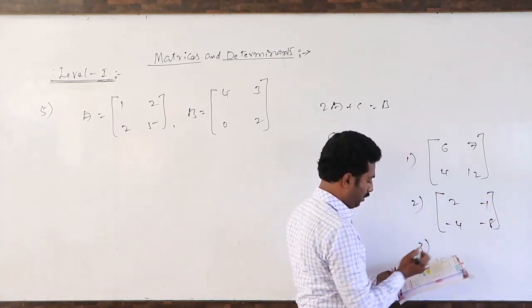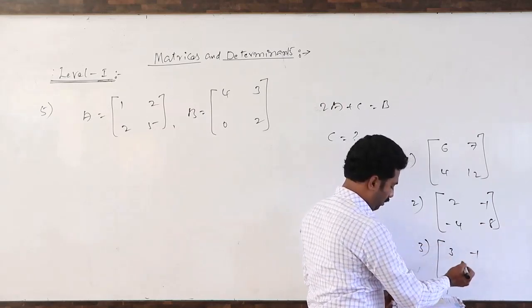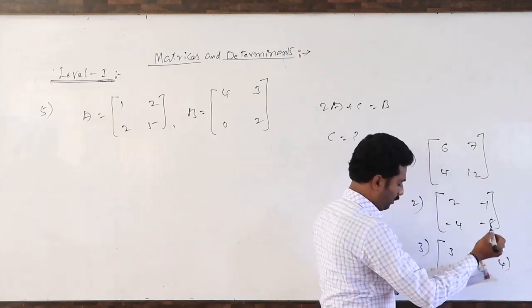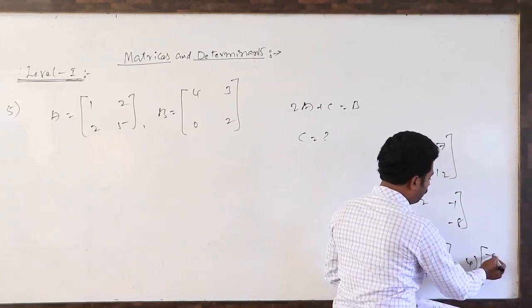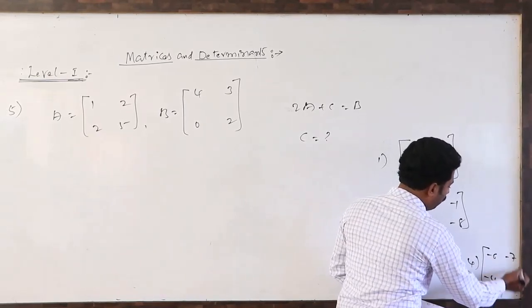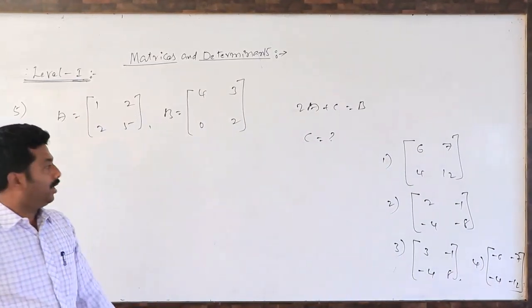Third option 3 minus 1 minus 4 8. Fourth option minus 6 minus 7 minus 4 minus 12. So we have to identify which one is the correct option.